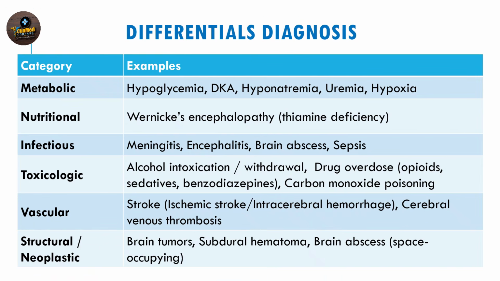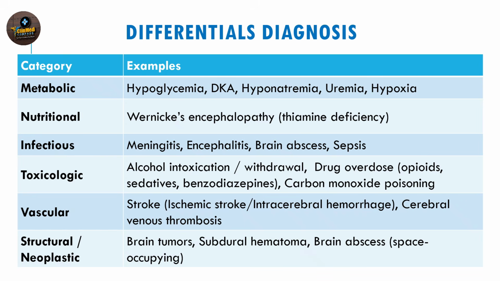Differential diagnosis. When evaluating a patient with hepatic encephalopathy, always consider other causes of altered mental status, from metabolic, infectious down to structural issues. Metabolic differentials: hypoglycemia, DKA, uremia. Nutritional: Wernicke's encephalopathy.